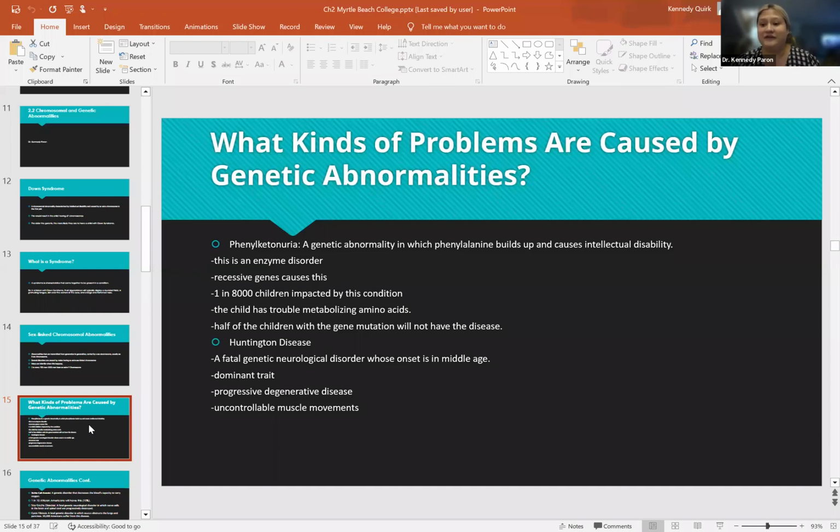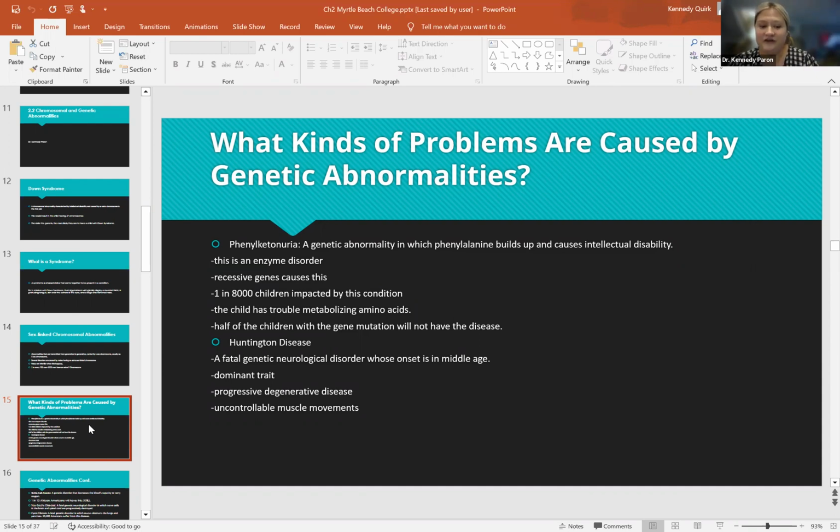This is actually a recessive gene, so it is not a dominant trait that is passed down. It is in 1 in every 8,000 children. This child has difficulty metabolizing amino acids. Half of the children with this genetic mutation actually do not have the full disease due to how it is passed down.